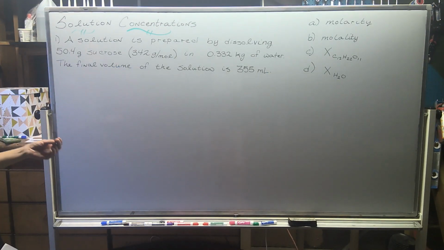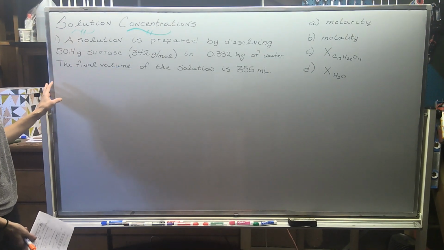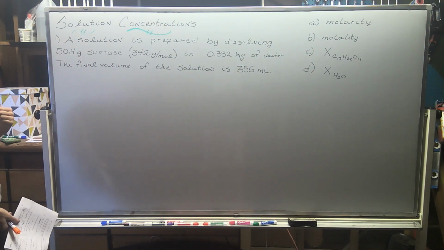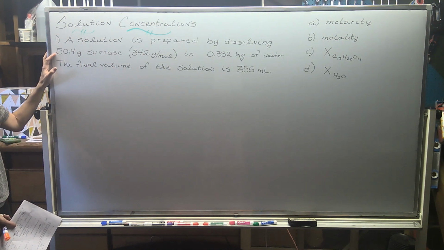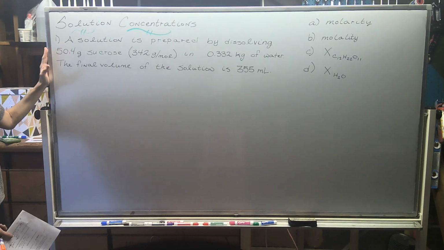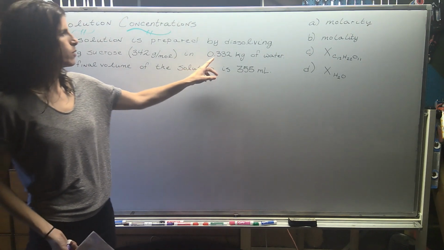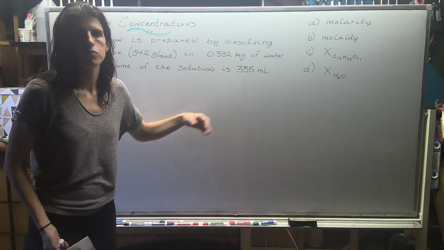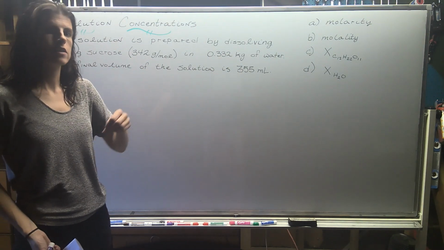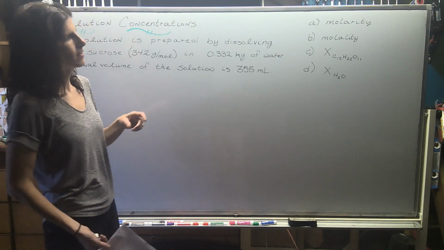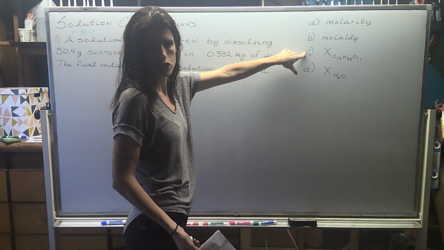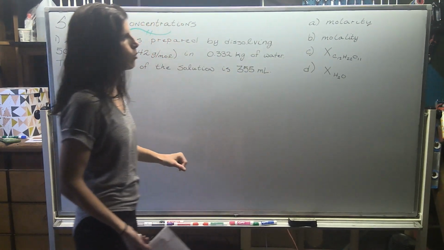So in this first problem, we're given some information about how the solution is prepared. It's reasonable enough information. I mean, we can imagine massing our sucrose in the lab. And separately, we would also mass the water. We can get the volume of the water, no problem. So just by collecting some data in the lab, we can then calculate molarity, molality, the mole fraction of the sucrose, and the mole fraction of the water.